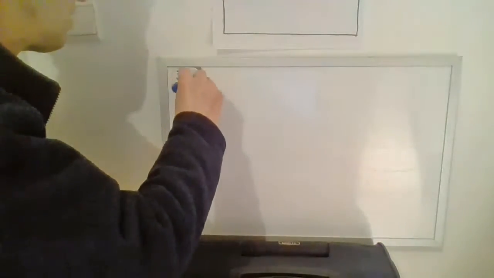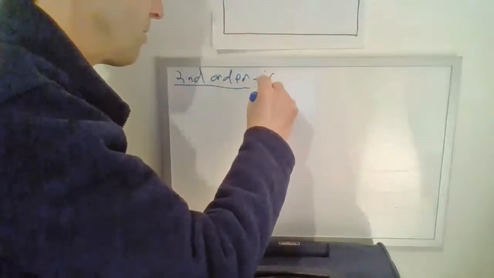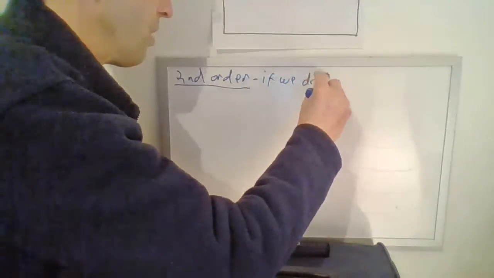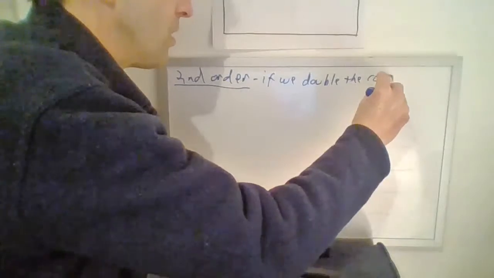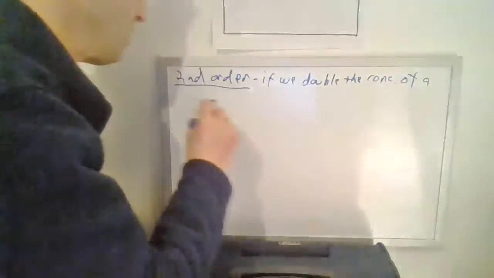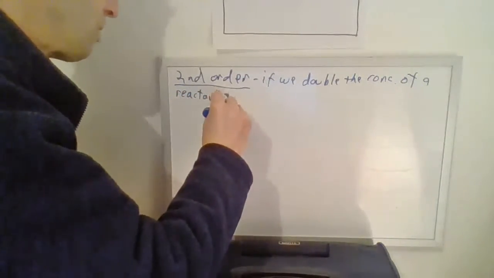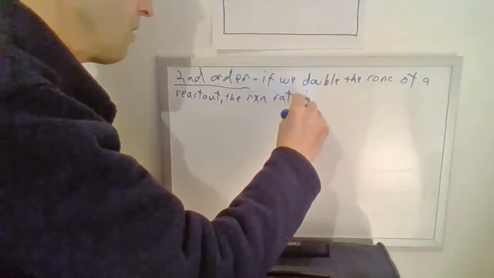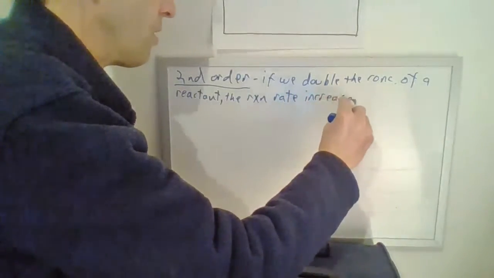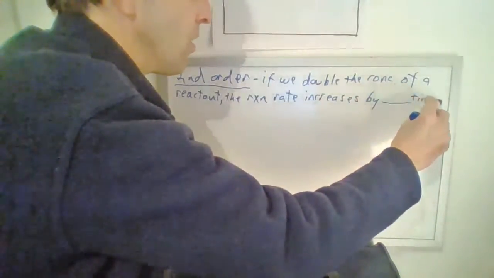Let's go and do second order. For this one, you can kind of guess: if we double the concentration of a reactant, the reaction rate increases by blank times.